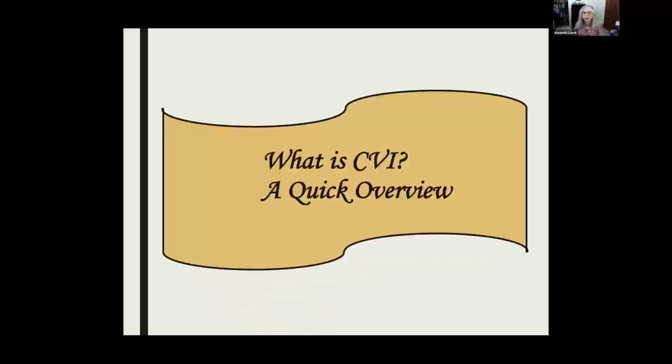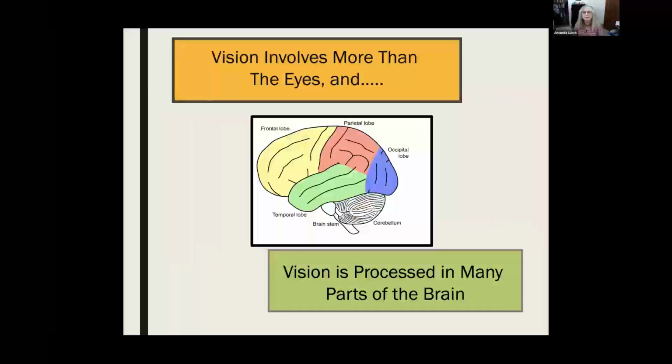And the first part is a quick overview of CVI. Now, everybody who's, I'm sure, attending this webinar knows at this point that vision involves more than the eyes, and vision is processed in many parts of the brain. So in the early days, it was thought that vision was processed in this part of the brain, and that was it.